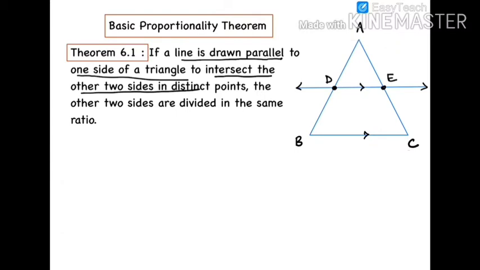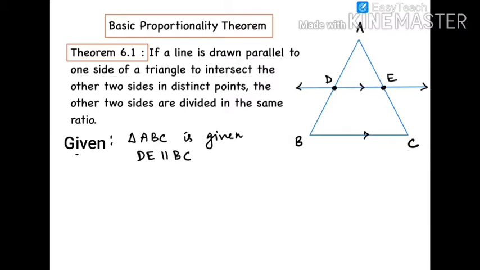So let's write down what is given in the question. Triangle ABC is given, in which DE is parallel to BC. What we have to prove is given in the second part of this statement, that is, the other two sides are divided in the same ratio.